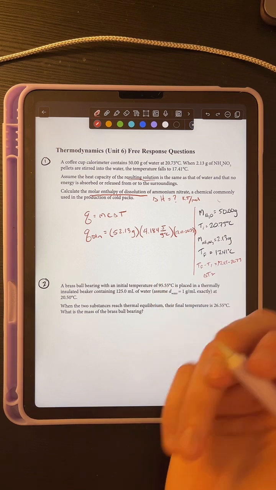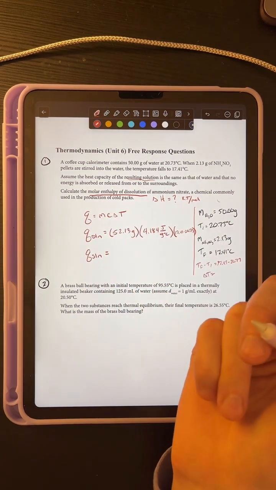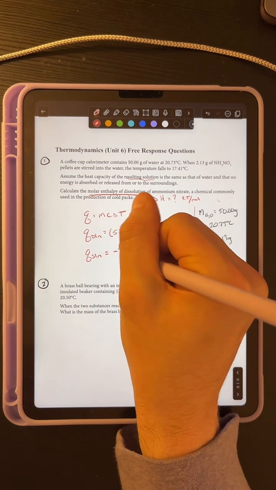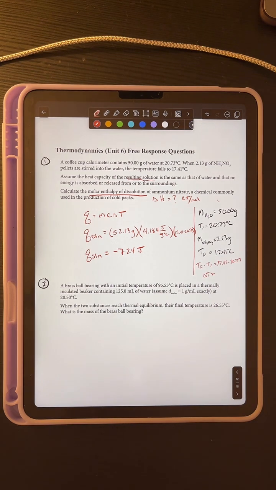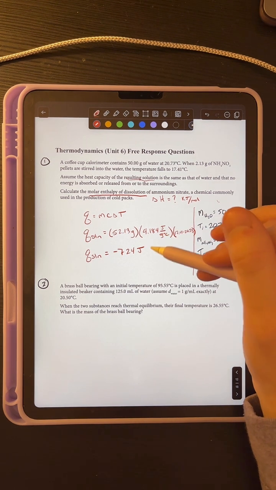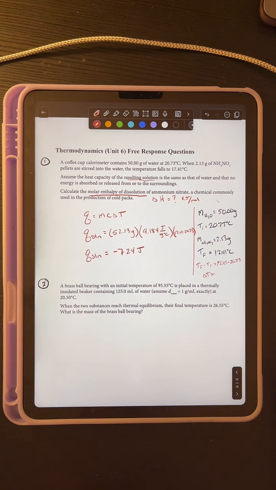So when we go through and solve this out, our Q solution is going to equal negative 724 joules. Capacity, as in the capacity, I think. So capacity will always be, you'll be given one and solving for the other, or you'll be given both.